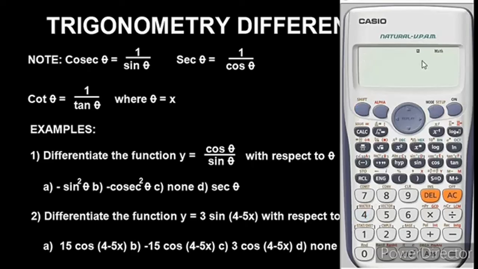So having done this, next thing we do now will be to store a value in the calculator. We store a real number in the calculator we use to differentiate this function. Now you can store real numbers like 2, 3, 4 in that order in a calculator. You can store any of these numbers, but I will advise you to always work with 2.